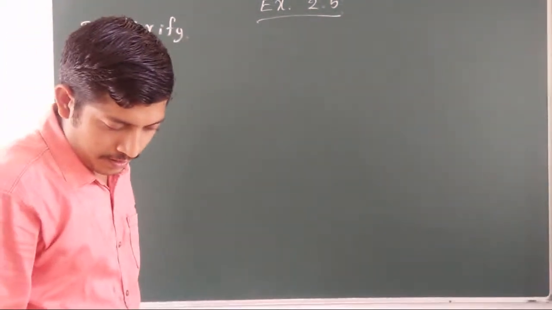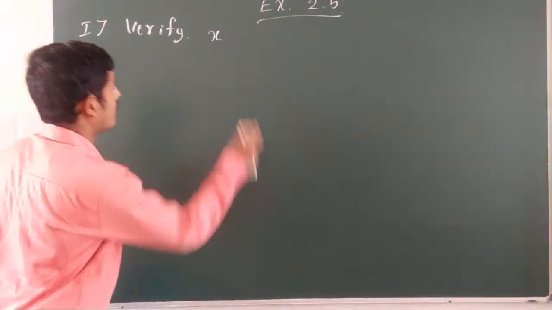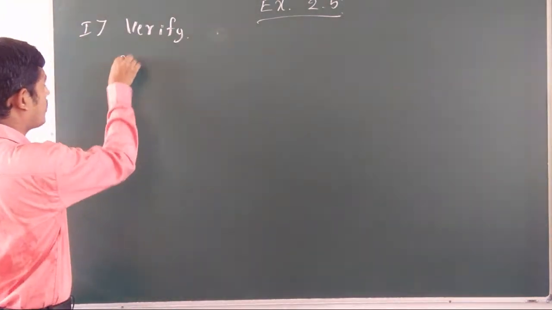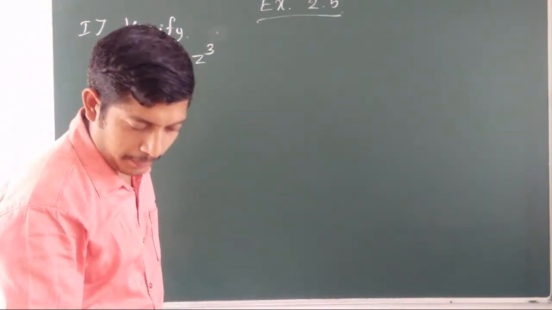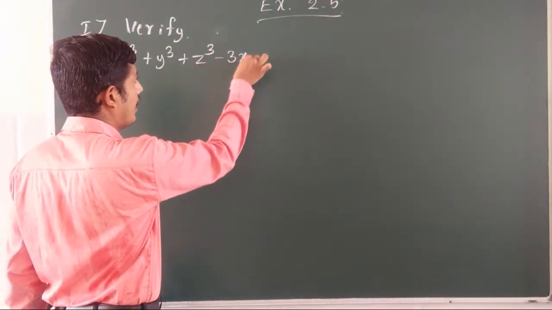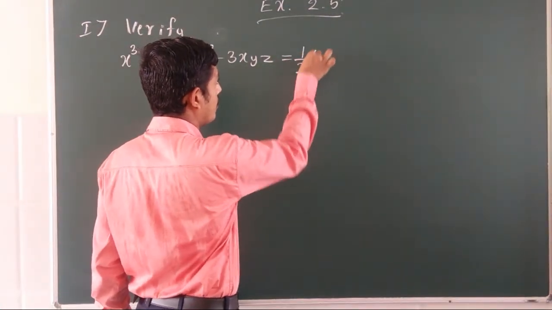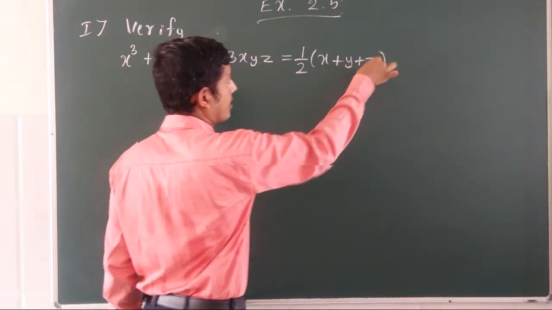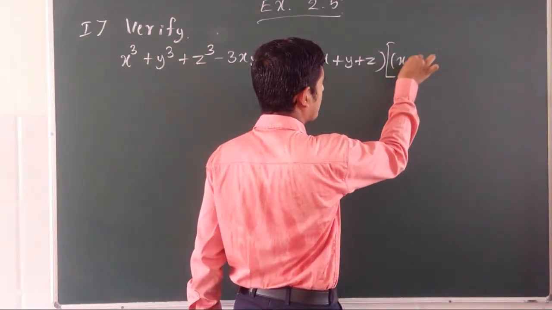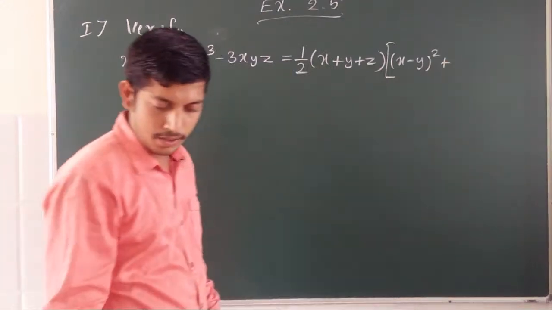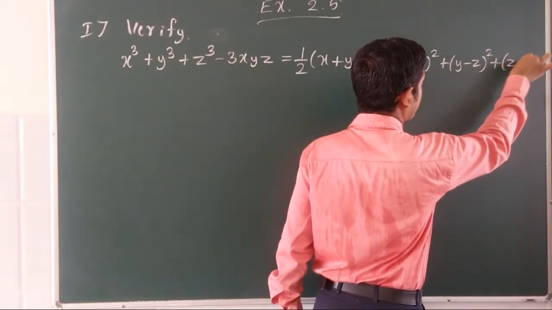verify x cube plus y cube plus z cube minus 3xyz, that is equal to half into x plus y plus z into (x minus y) whole square plus (y minus z) whole square plus (z minus x) whole square.